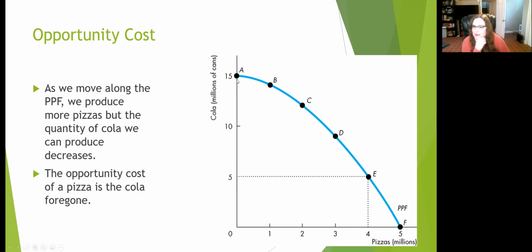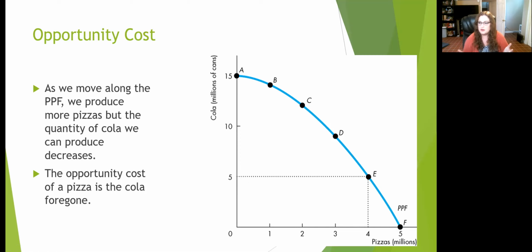At first, I'm only giving up a little bit of soda. Then eventually, when I'm going from E to F, I'm getting in that last million pizzas. To get that last million pizzas, I have to close down the soda factory. We're starting to give up a lot of sodas then, right? So the opportunity cost of that additional 1 million pizzas can be 5 million sodas.